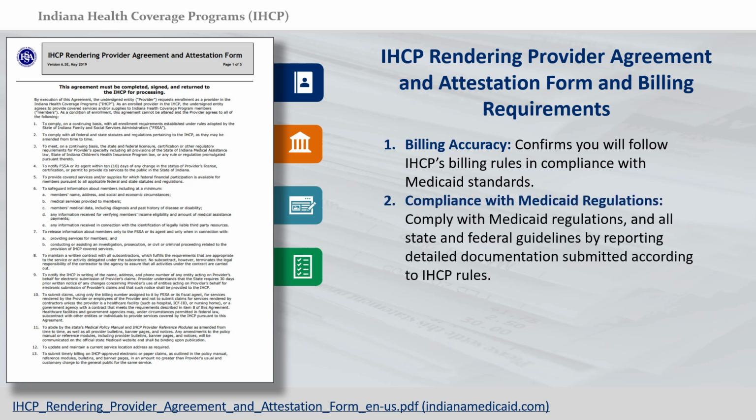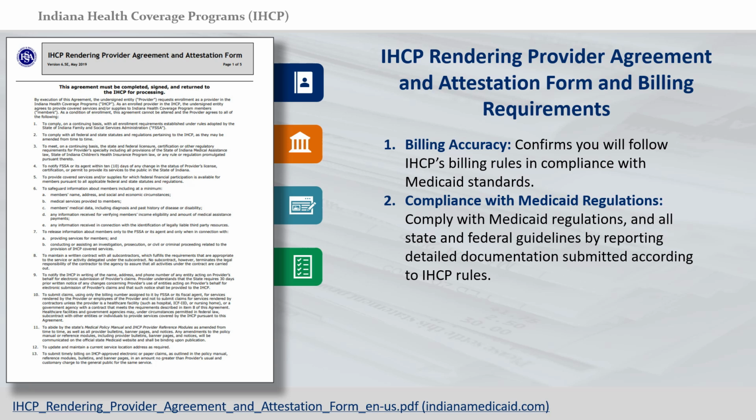The form requires you to comply with Medicaid regulations and state and federal Medicaid guidelines, including the correct reporting of interactive complexity services. This means that when billing for interactive complexity services, you must provide detailed progress notes, treatment plans, and other supporting documentation to justify the claims.